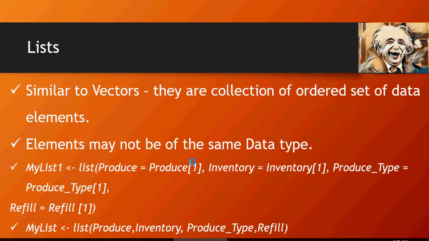Please notice that this is only taking the first element of the vector, but here it is taking the entire set of vectors, creating a list.